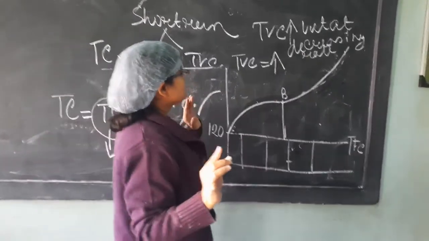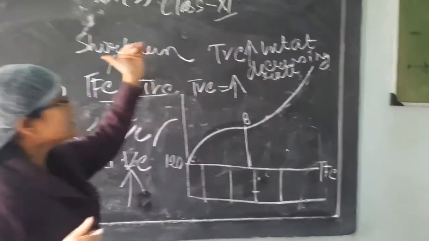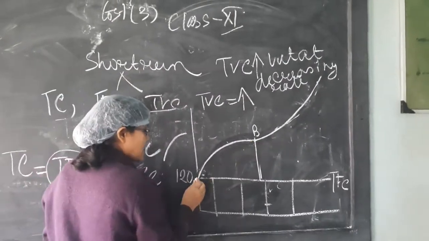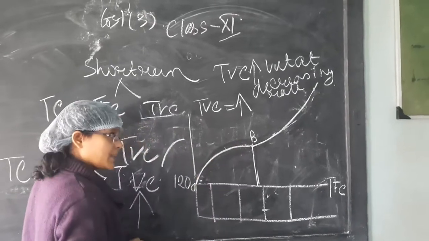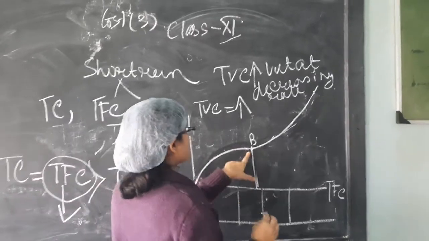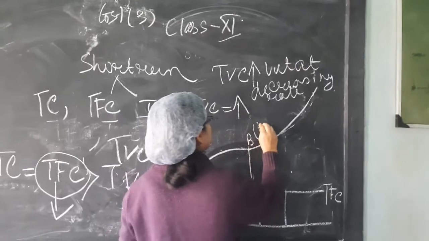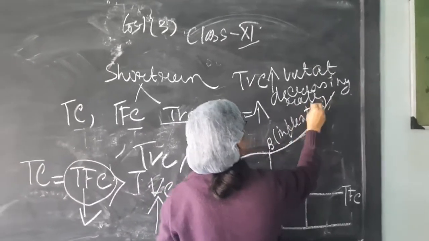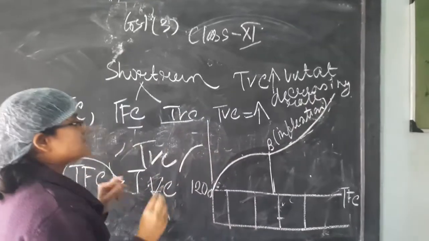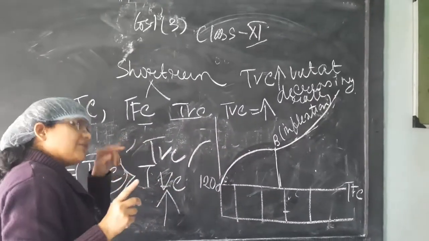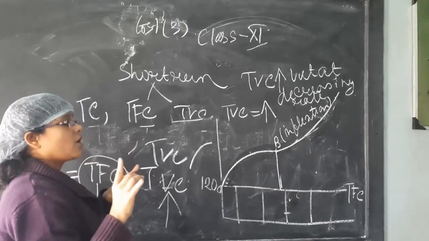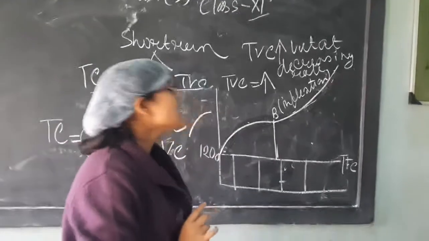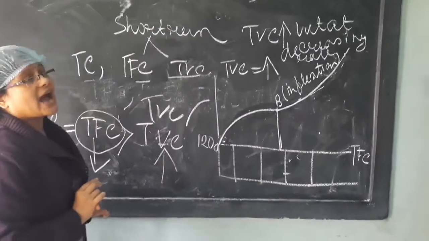First you see the way: as long as TVC is increasing at a decreasing rate, how far is it happening? Up to point B it is happening. Afterwards, this point B is known as the point of inflection. It is a class 12 concept, though I am giving it in class 11. From that point onwards, the TVC curve takes another shape.